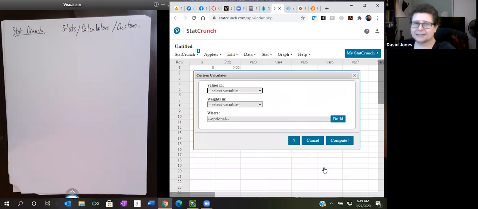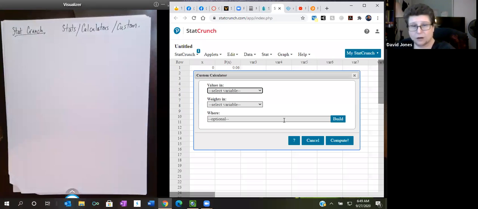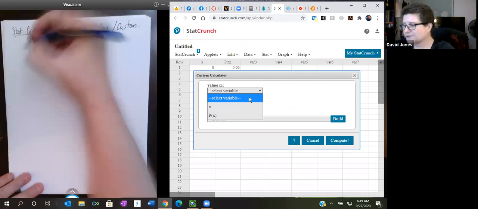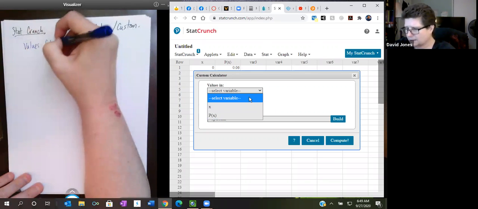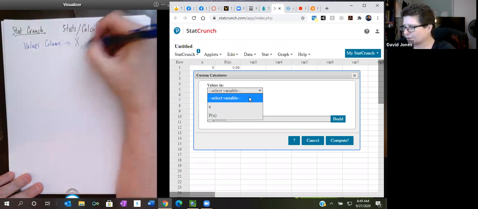So I'm going to go Custom. What does it prompt me for? It asks me for values. What are my choices? If I do select variable, it says X and P of X. Those are my column names. So it asks for columns. The values column, what you want to choose there is your X or your outcomes.